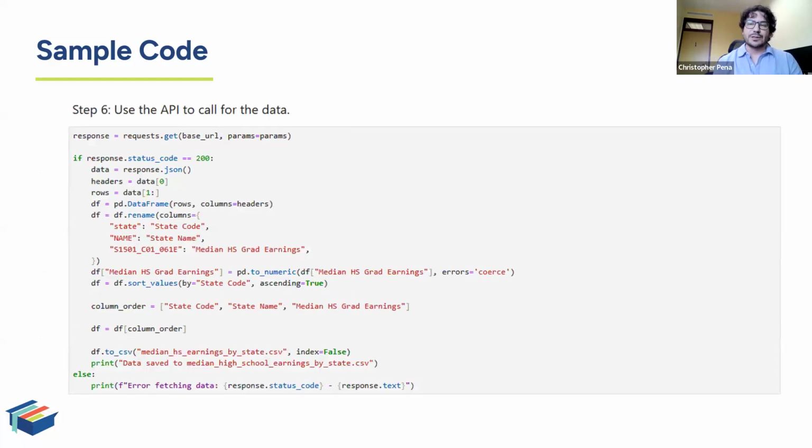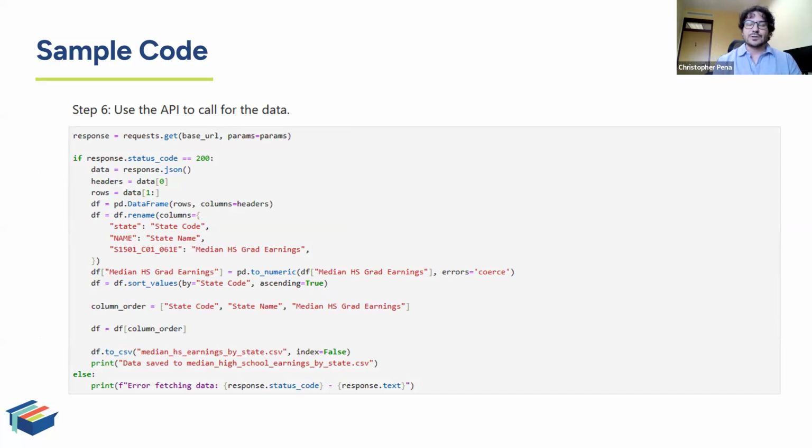I'm going to go through this in more detail when we hop over to the demo, but this is what it could look like. And if you're not familiar with Python, it might feel a little bit overwhelming, but just remember that we're following those steps. We're breaking them out. I tend to use Jupyter notebooks to write my code because you can break things out step by step by step, and it makes it really easy to do things piece by piece instead of all at the same time.